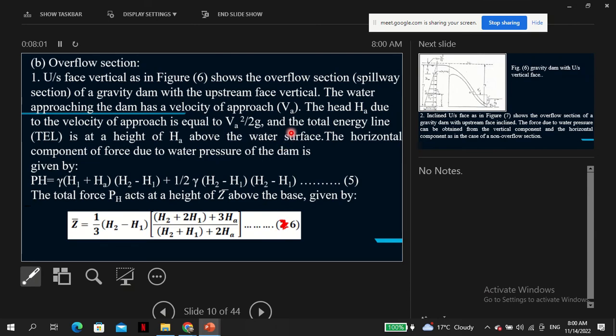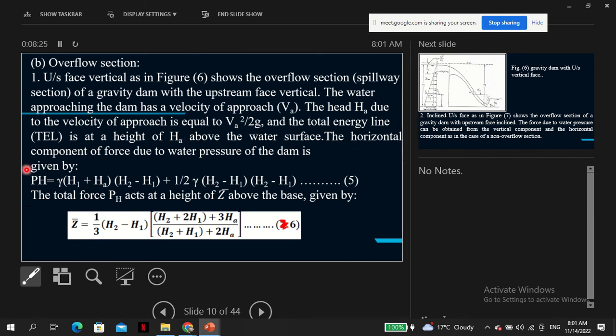So now the HA due to the velocity of approach, of course, you know this height from the kinetic energy that the water has, and this is a famous equation you should know from fluid mechanics. And the total energy line is height HA above the water surface.